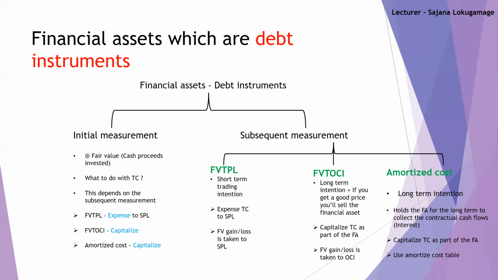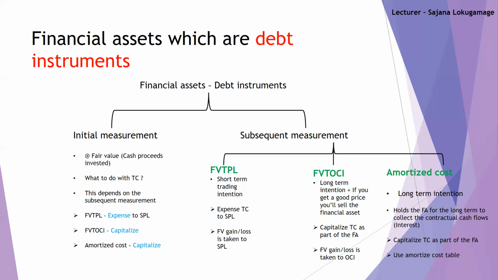The first test is called the business model test. The second test is called the contractual cash flow characteristic test. That's just for your knowledge, it's not required for you to remember. Just understand that with regards to subsequent measurement, there are three models: FVTPL, FVT-OCI, and amortized cost.